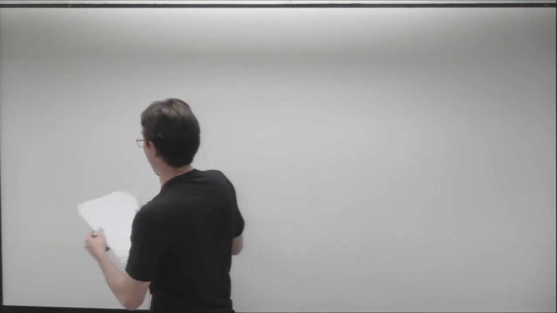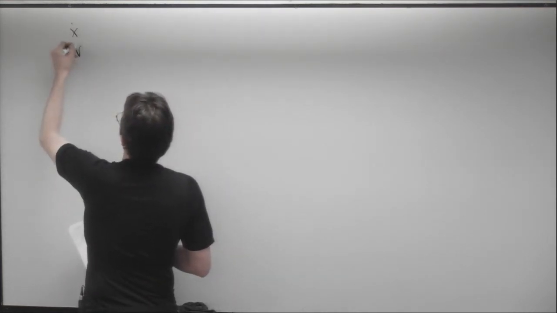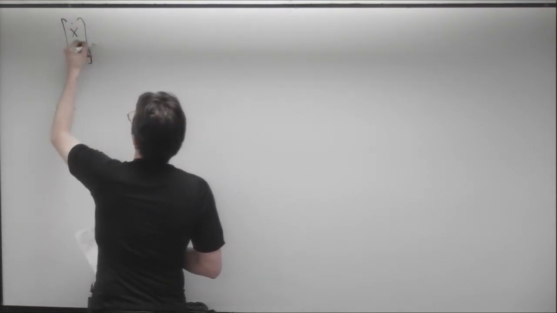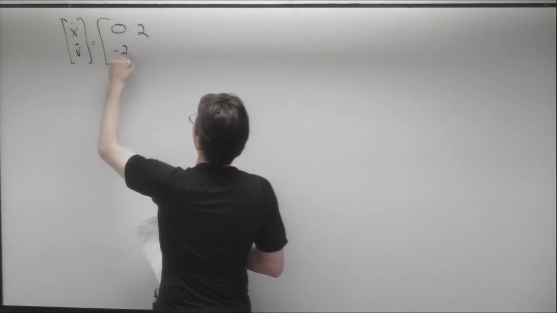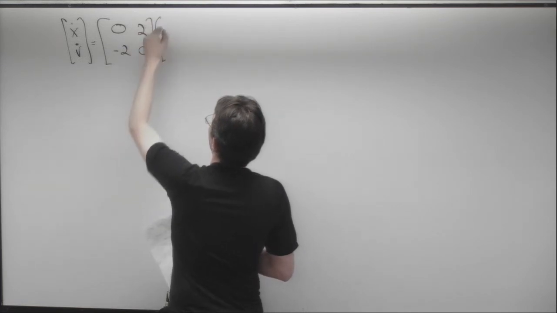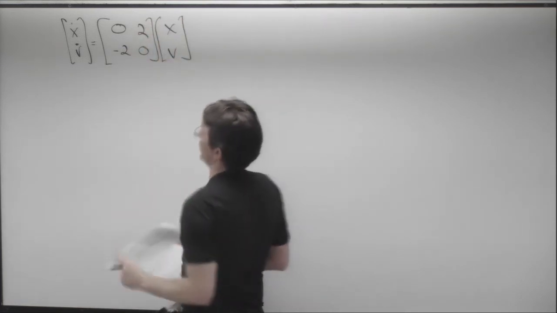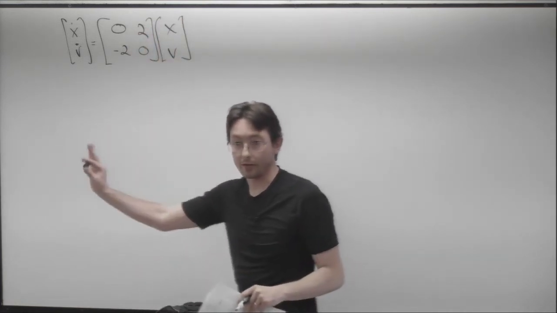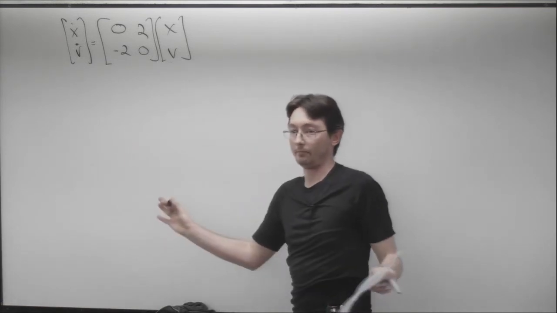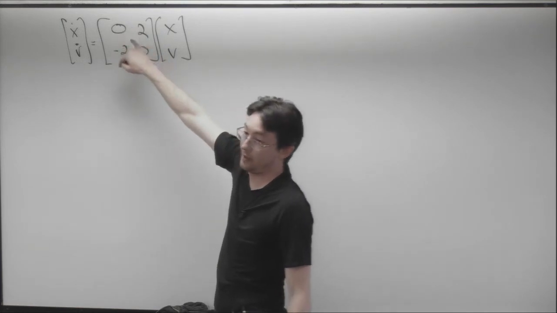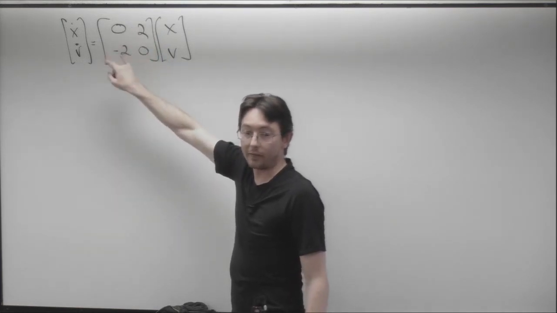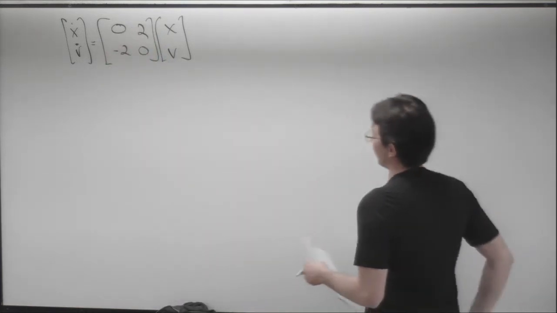So for the final example, we're going to have a system like x dot, v dot equals [0, 2; -2, 0] times x, v. Okay, very similar to the saddle, except it's not. Instead of having these on the diagonal, they're on the off diagonal. And that subtle difference makes a really, really big difference.